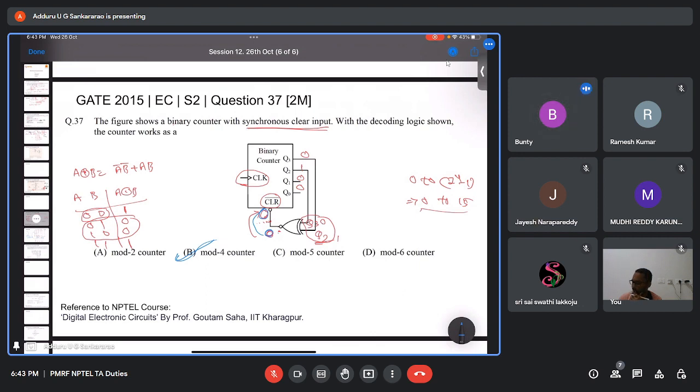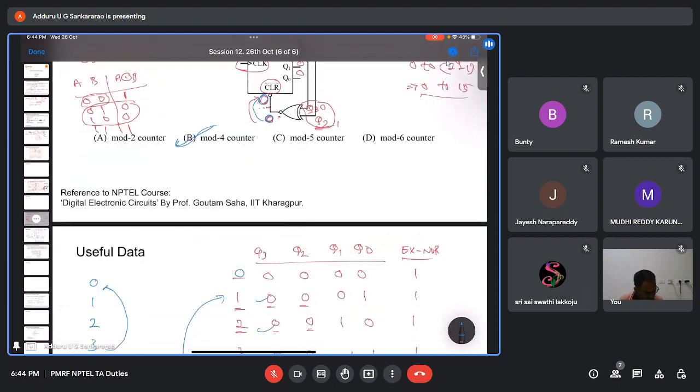Are they different? See, actually, generally these inputs, clear and reset, are asynchronous only. That means it doesn't matter whether you apply a clock or not. Irrespective of the clock pulse, the output of the flip flops will change. Let us say we have a negative edge triggered flip flop.